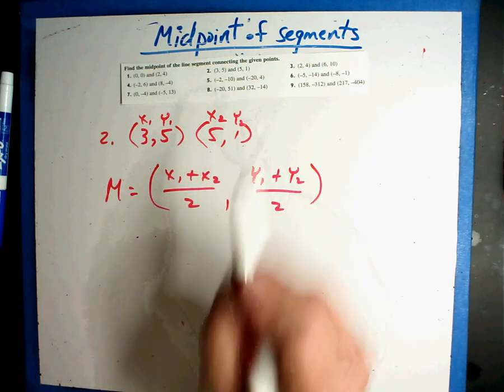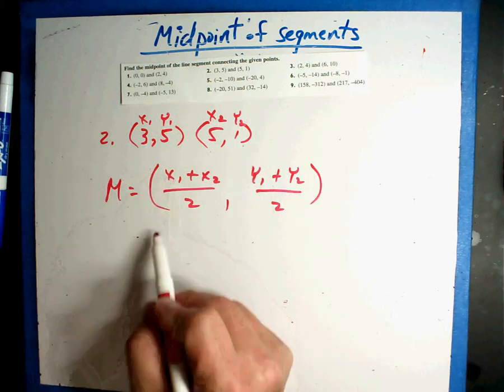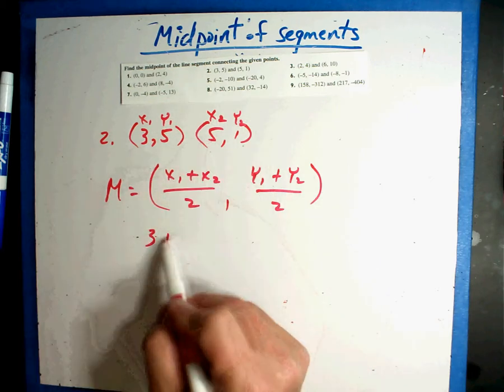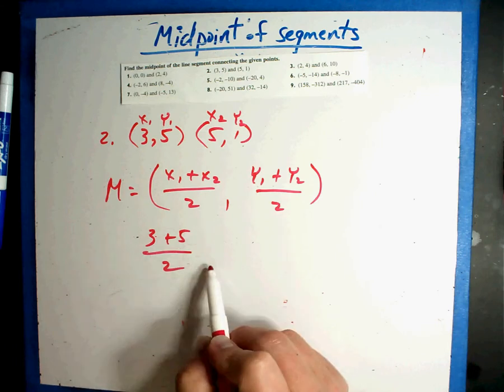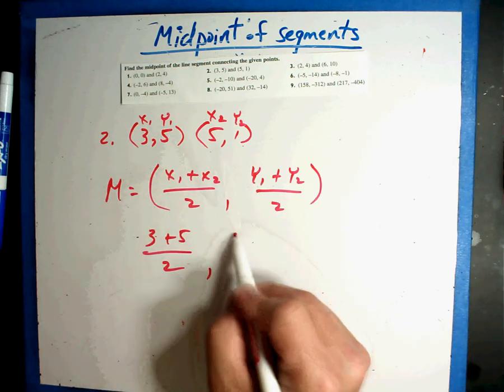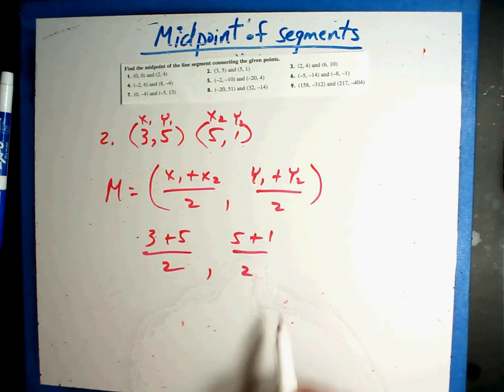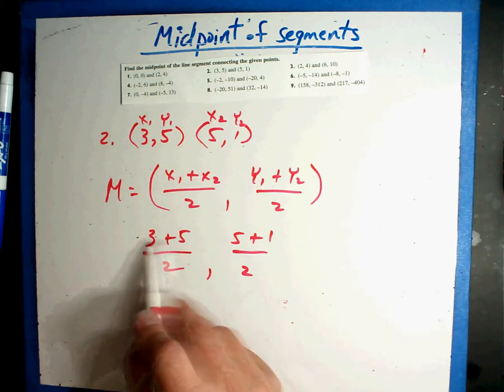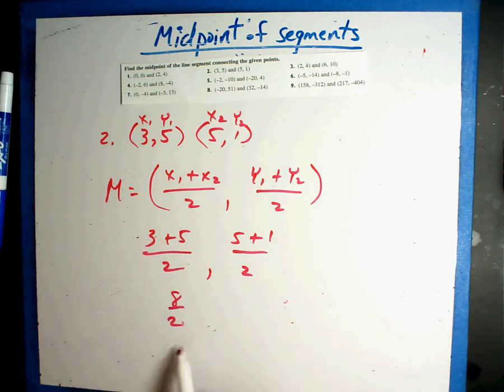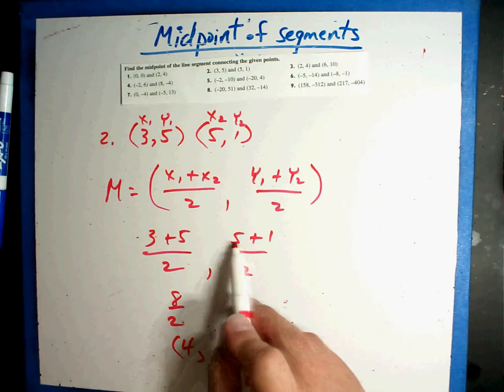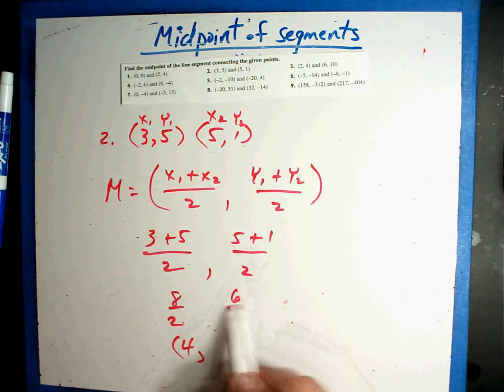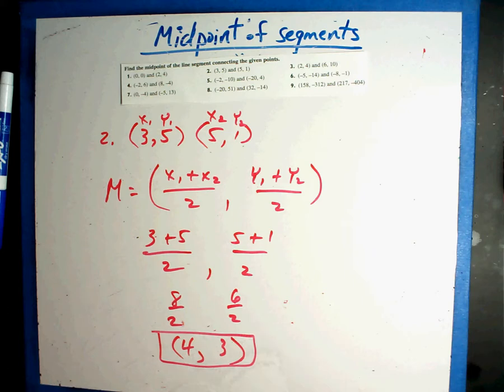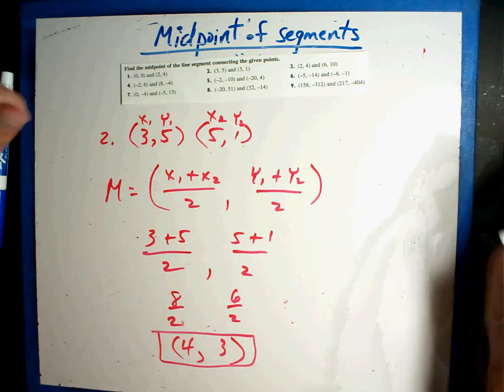Label them so you make sure that you get the correct things. x1 is 3 plus 5 divided by 2. And the next one is 5 plus 1 divided by 2. So 5 and 3 is 8 divided by 2. 8 divided by 2 is 4. There's the first number. 5 plus 1 is 6 divided by 2 is 3. There it is, 4, 3. Not really too difficult. You just have to be really careful with your charges.